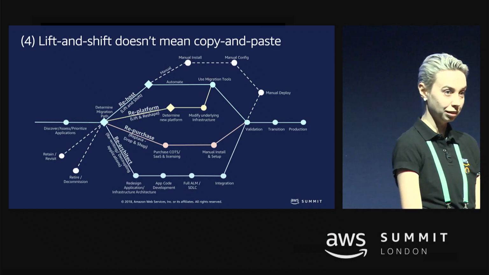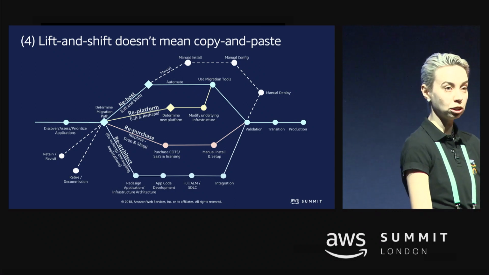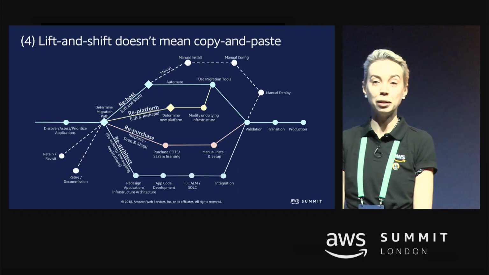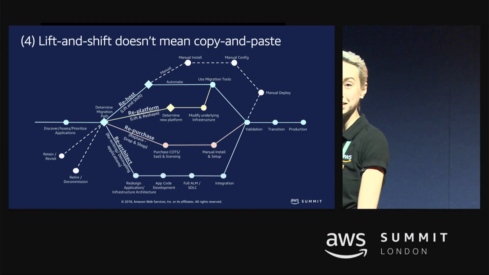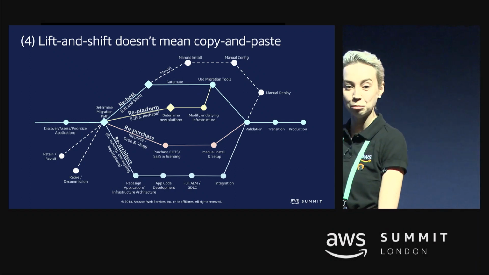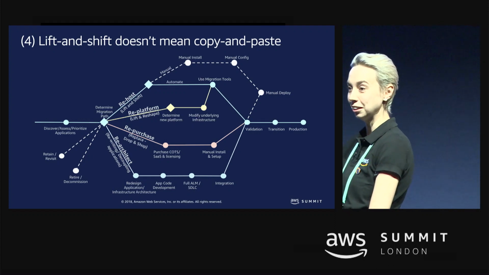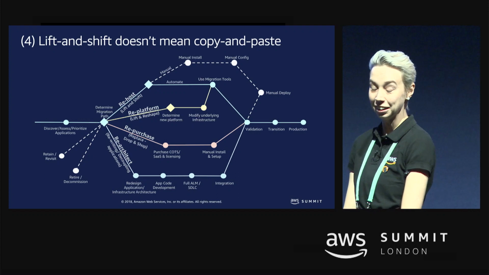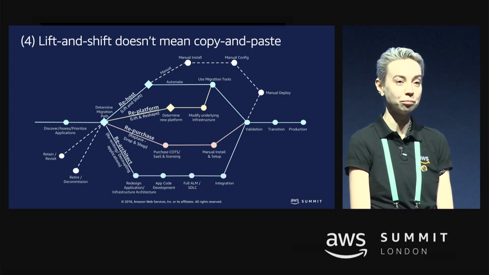It's difficult, it's time-consuming, but the cost optimization and agility benefits are there. And my favorite 2 patterns are, of course, retire and retain, because that's one of the ways of accelerating your migration, making it smaller, leaving some of the applications and not spending your resources on something that will die anyway.